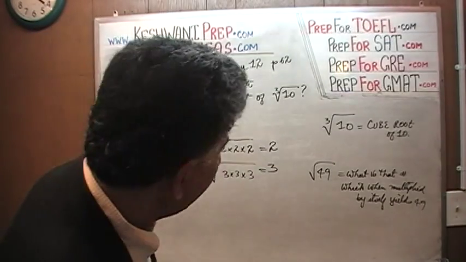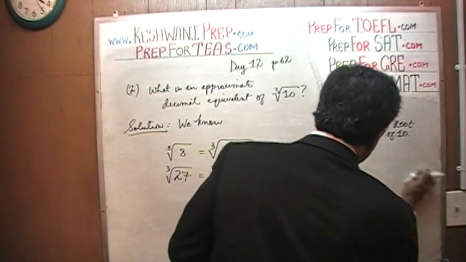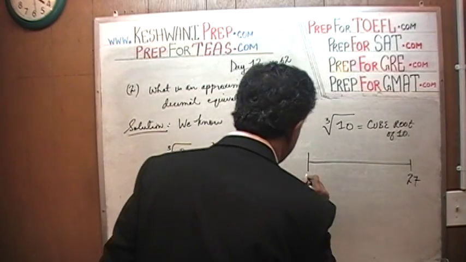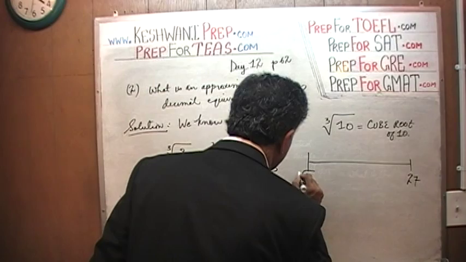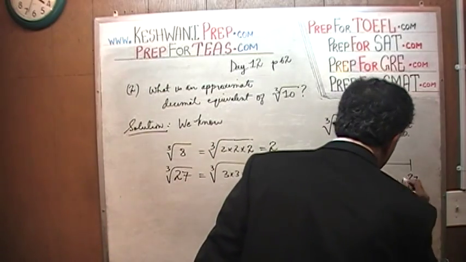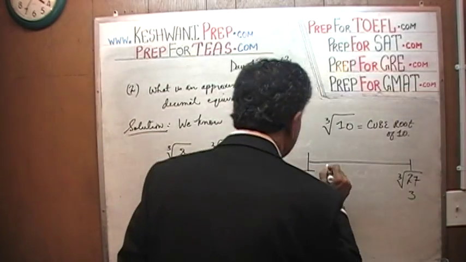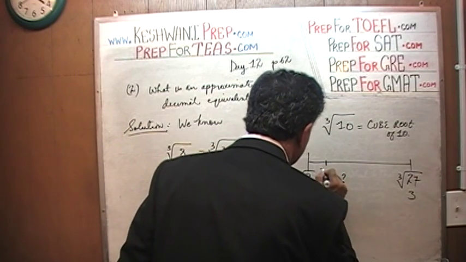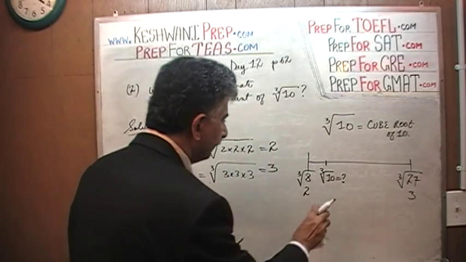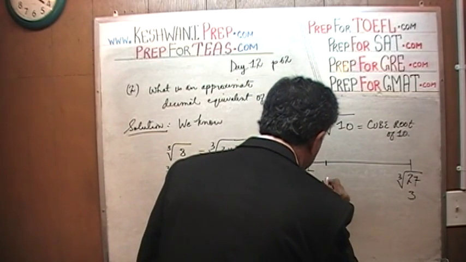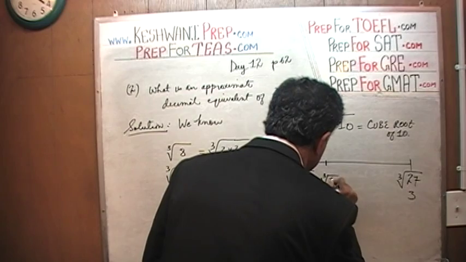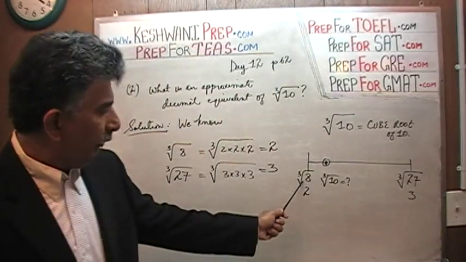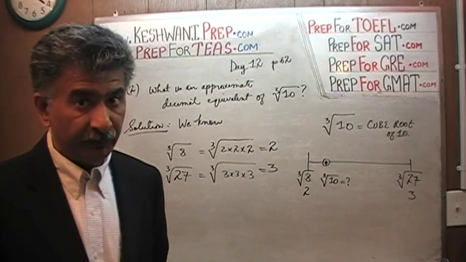So if you were to put it on a scale here, the two ends being 8 and 27, the cube root of 8 here, which is 2, and the cube root of 27, which is 3, cube root of 10 is what we are interested in. It should lie someplace very close to 8. Are you with me so far in the story?